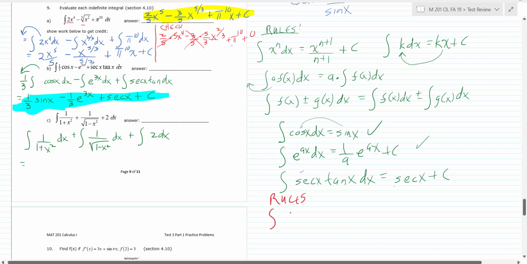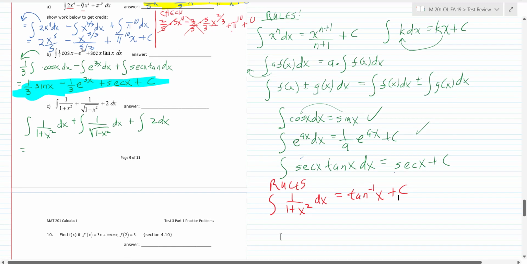So the integral of 1 over 1 plus x squared dx is the inverse tangent, okay, because we learned that the derivative of inverse tangent is 1 over 1 plus x squared. The integral of 1 over square root of 1 minus x squared dx is inverse sine. And then this one, of course, we learned that the integral of a constant, you just tack on the x.